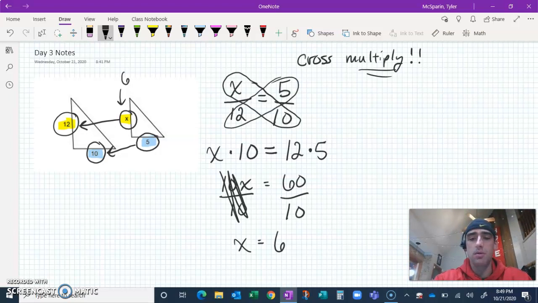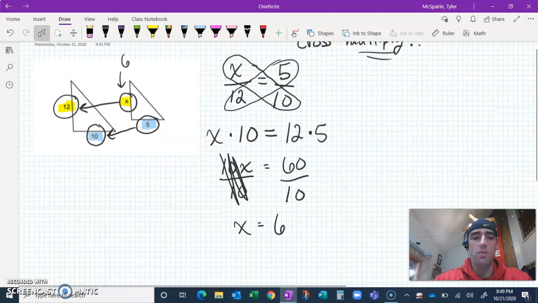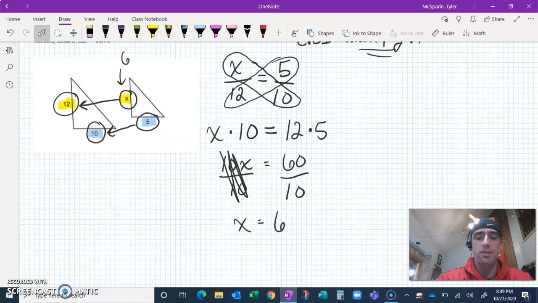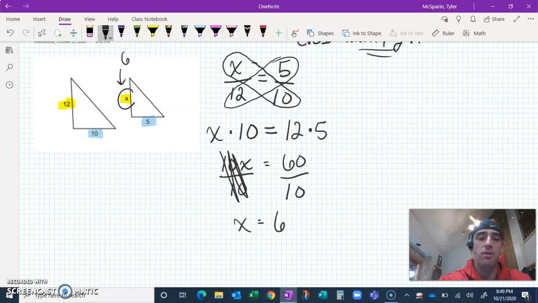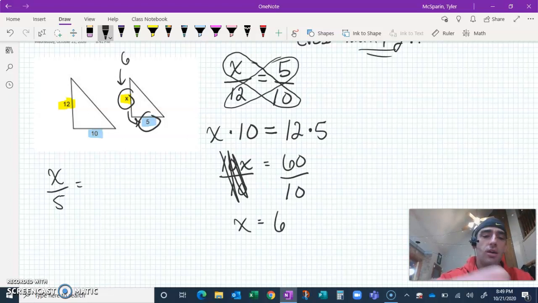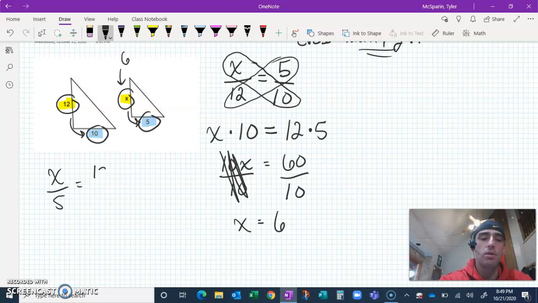Let's do this one other way, all right? So that was if I use between triangle fractions. I can actually do it if I go within triangles. So if I go yellow divided by blue, x divided by 5 equal to yellow divided by blue, 12 divided by 10.